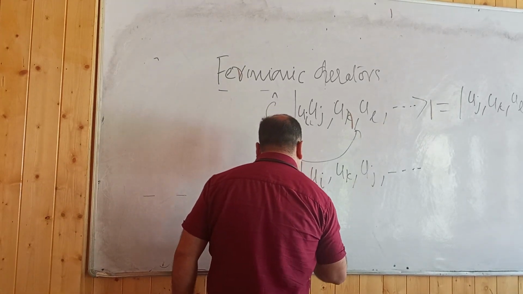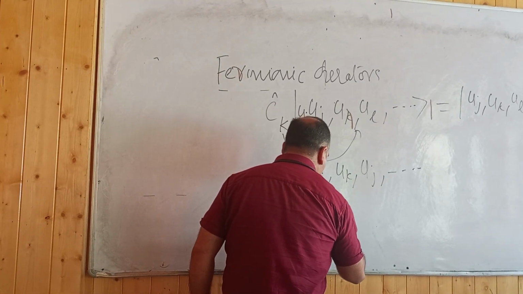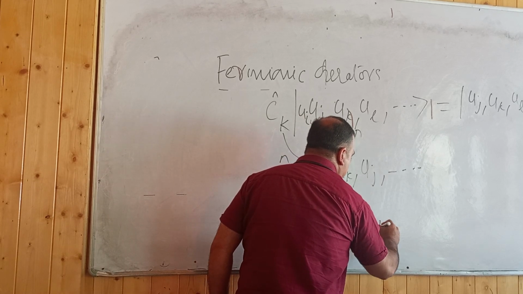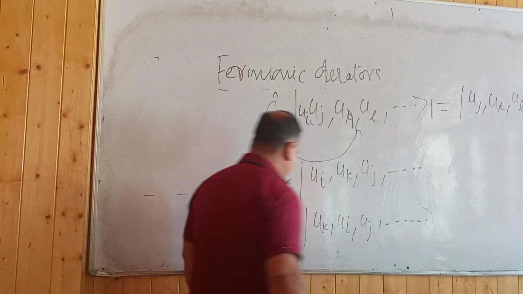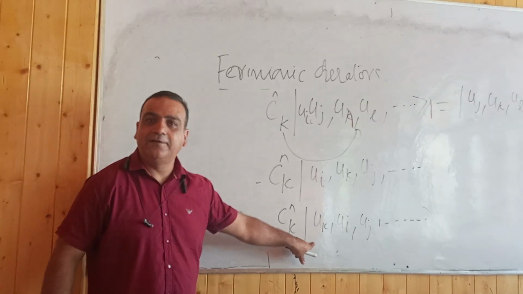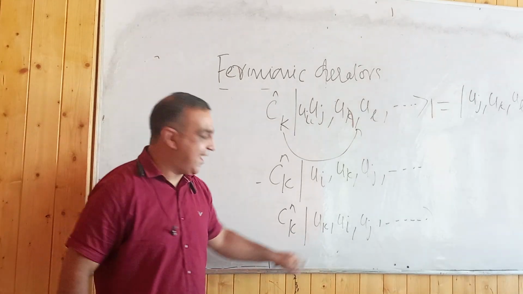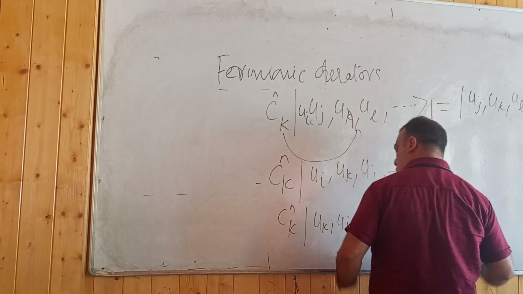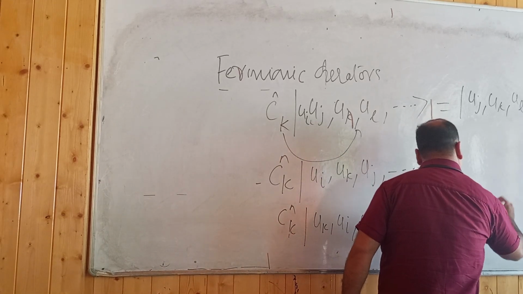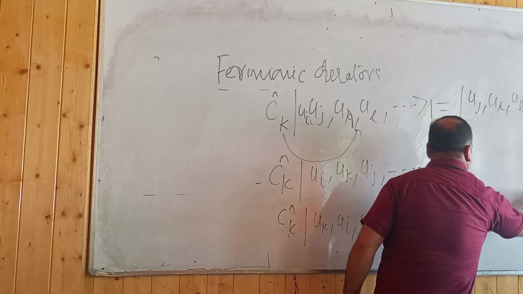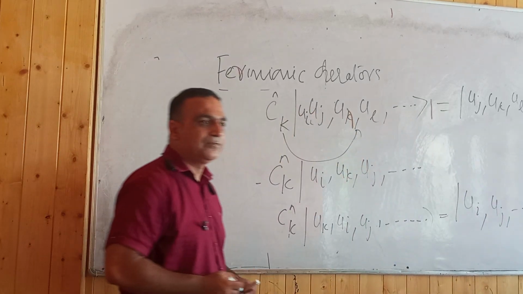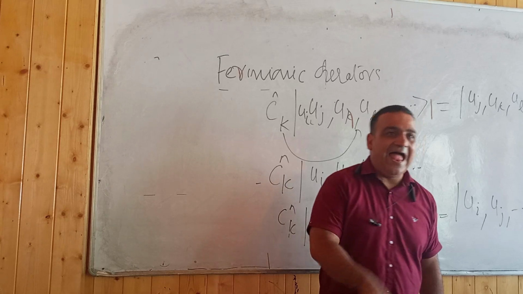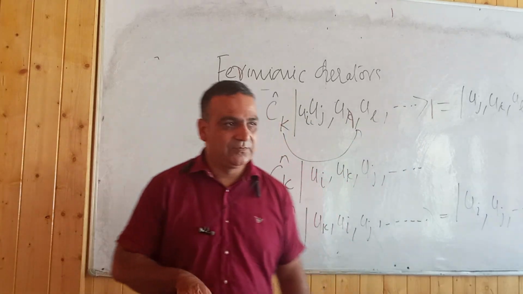So it will become CK acting on UK, UI and UJ and so on and so forth. Now it will act on your UK. So what will be the result? The result will be UI and UJ and so on. Is this clear? So this is how the annihilation operator acts on your quantum system.